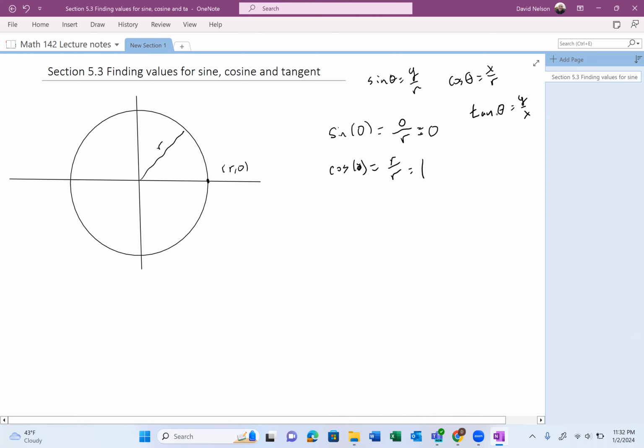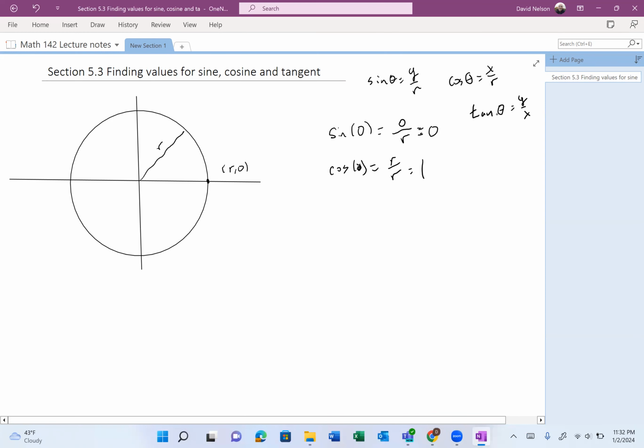So at 0, the tangent of theta is 0 divided by r, as the x coordinate would be r, and so that is going to be 0. So at 0 radians, 0 degrees, I know that the sine is 0, the cosine is 1, and the tangent is 0.